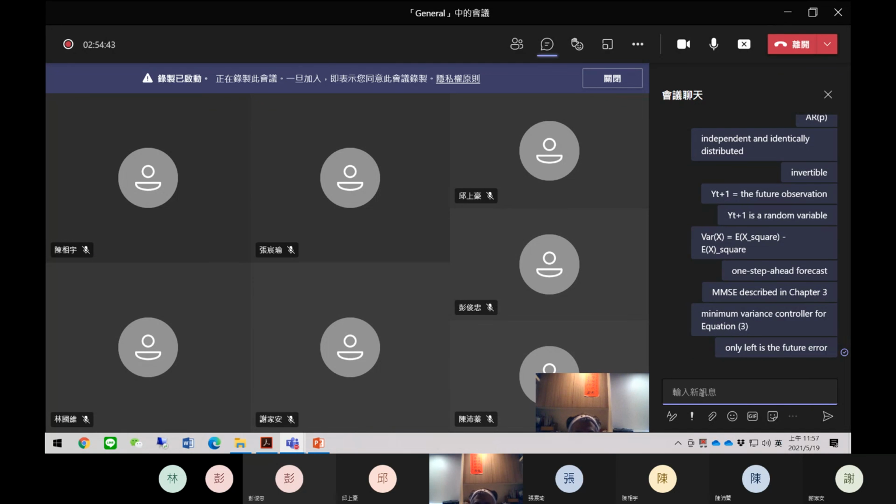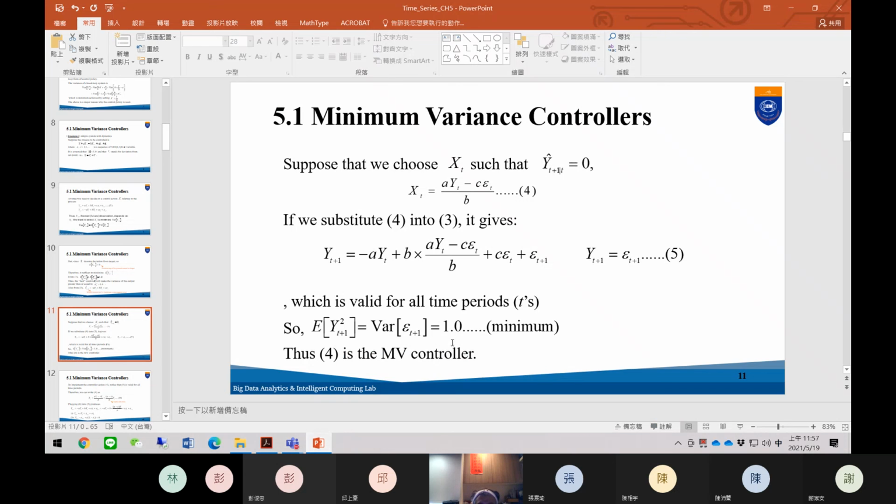This is the coolest thing I ever saw. Since the only thing left is the future error, that means we cannot do anything about that, so just let it be alone. See that? They all cancel out, so the future observation is only subject to the future error, which is definitely valid for all time periods.